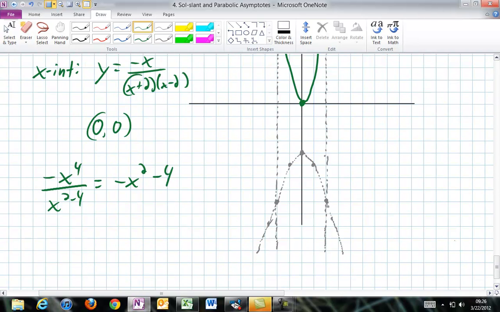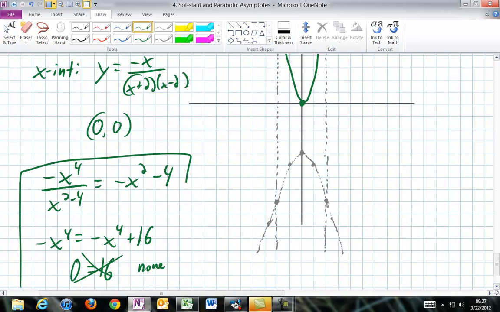Let's just be careful and watch our multiplying. We got negative x to the fourth is equal to negative x to the fourth minus 4x squared plus 4x squared, let's cancel, and then plus 16. So 0 is equal to 16, which is decidedly not true. So there's no point where it crosses the end behavior asymptote. So that part's done.